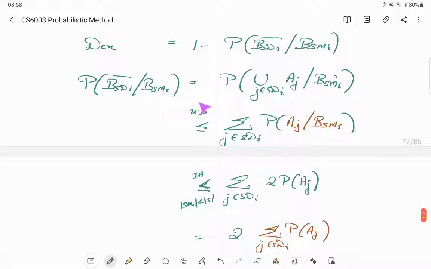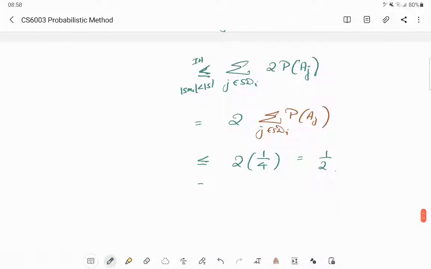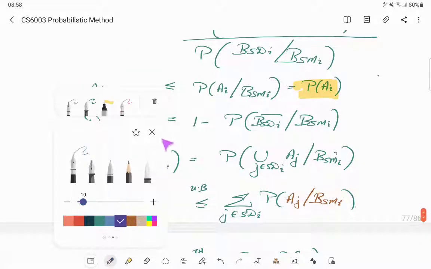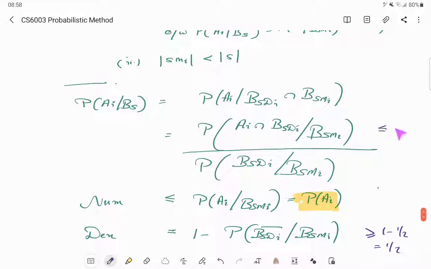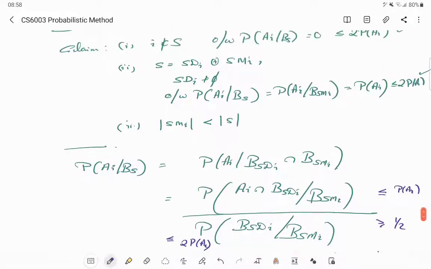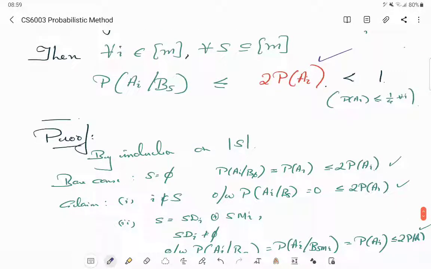So this guy is upper bounded by half, which means the denominator is lower bounded by 1 minus half, which is equal to half, which means this guy is upper bounded by P of Ai, and this is lower bounded by half, which means this whole guy here is upper bounded by 2 P of Ai, and that is what we had to show. Okay, so this is repeat of the same proof, but with a slight tweak.